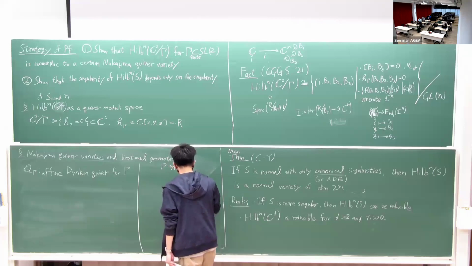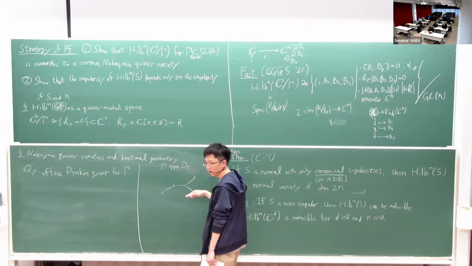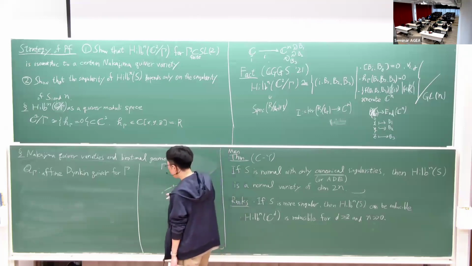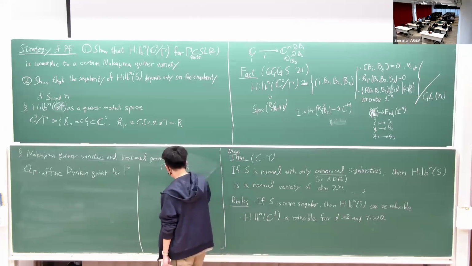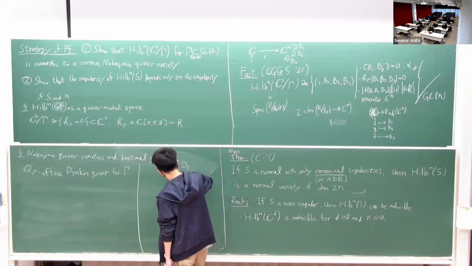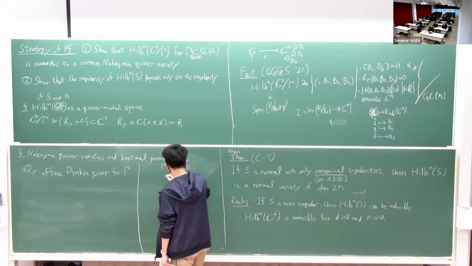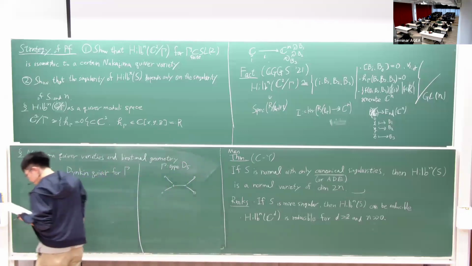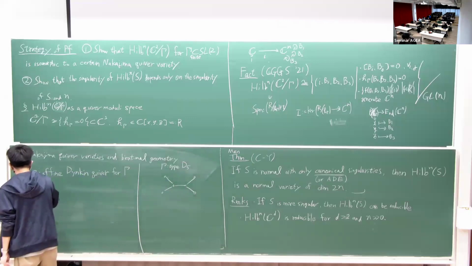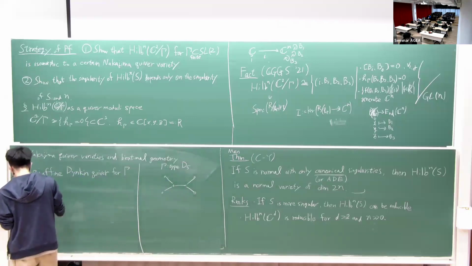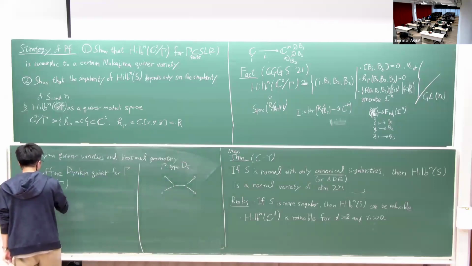Basically, the vertex set of this quiver is the set of irreducible representations of gamma.